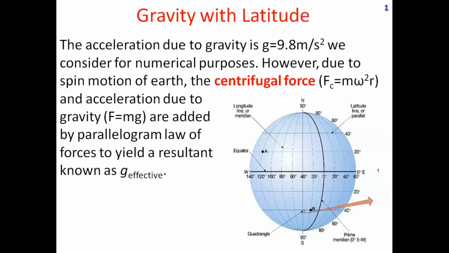Now acceleration due to gravity, we normally consider g equal to 9.8 meter per second square for all numerical purposes. Because of the spin motion of Earth, the centrifugal force m omega square r plays an important role, where r depends upon the latitude. The force due to gravity is F equal to m into g. The centrifugal force and the gravitational force are added by parallelogram law, which results in a new value along the resultant, known as g effective, that is the effective gravity at that latitude.